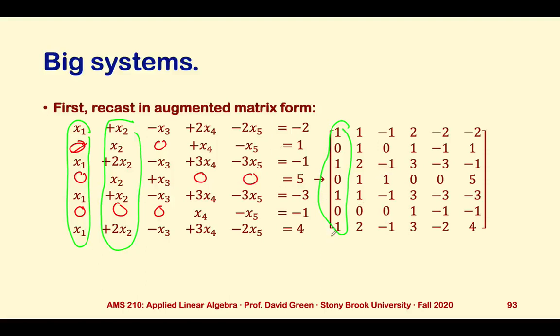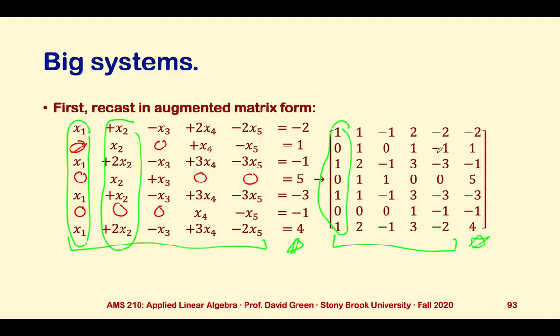The first 5 columns correspond to the coefficients in front of the 5 variables, and the last column corresponds to the right-hand side. Right? Fairly straightforward. The key things to remember are watch the signs and remember to put in the zeros for missing variables when we write it as an augmented matrix.